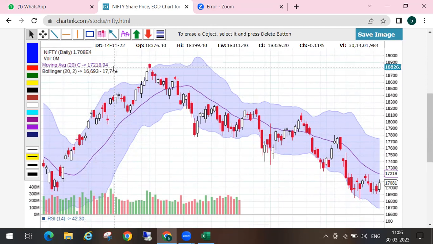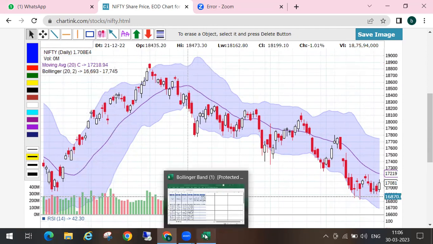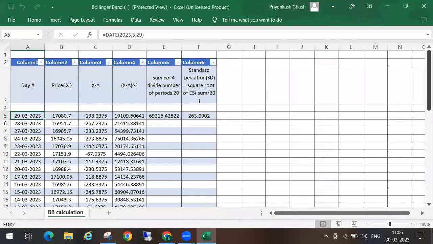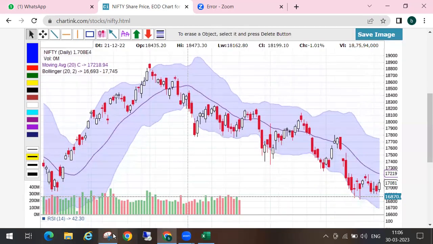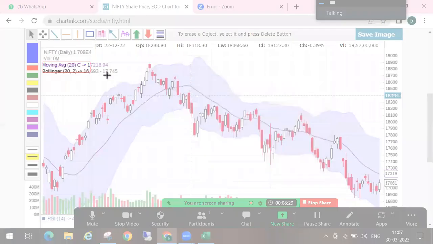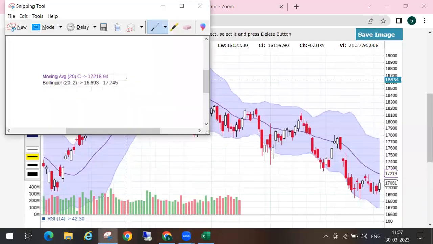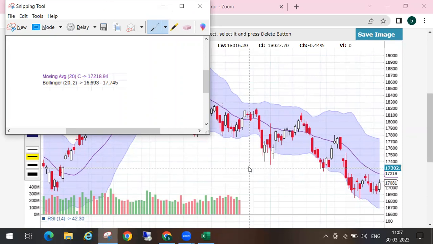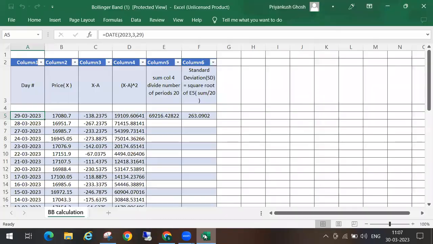Okay, so how we are arriving at these values, let us see in this Excel. So our focus is this. Okay, so we will see how this comes. Moving average 20, see Bollinger 22, 16,693, 17,745. Okay, so let us quickly go to the Excel sheet.